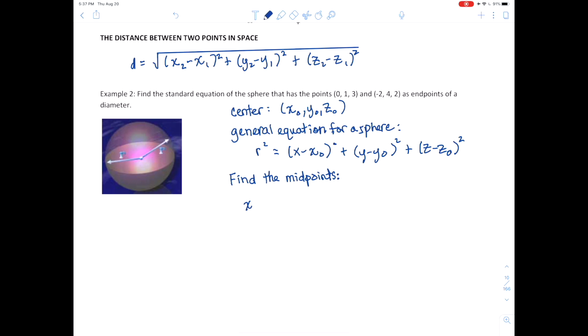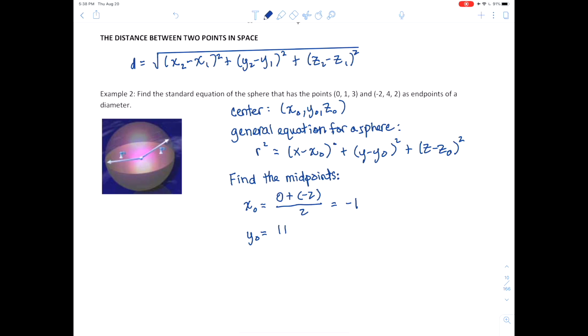So our x0 would just be 0 plus -2 divided by 2, which is equal to -1. And I'm getting that because, remember, a midpoint in the plane is just going to be the sum of your x values divided by 2, sum of y values divided by 2. So our y0 then will be equal to what?